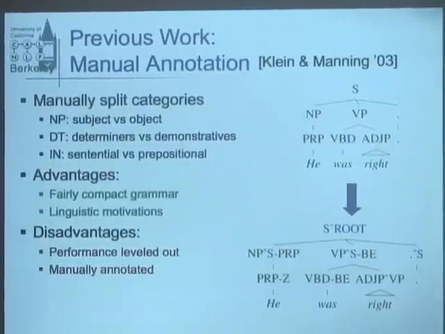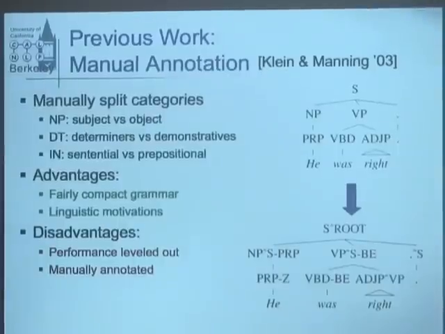But after a while, the performance started to level out because he started running out of ideas. And this is a very tedious process that has to be redone for every language. So it couldn't be scaled up to parsing any arbitrary language.